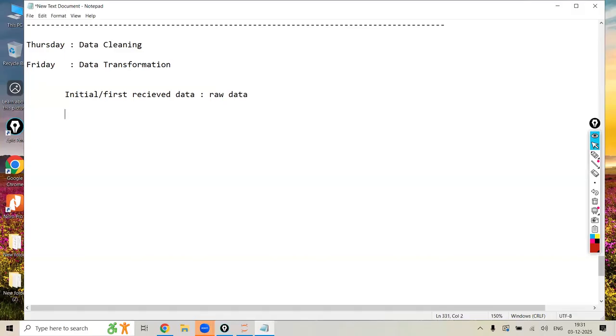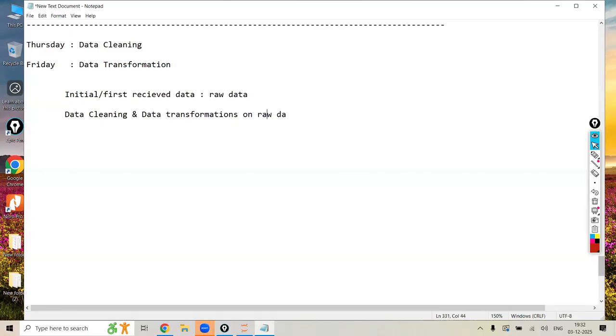Now you are going to apply the data cleaning and data transformations on raw data.